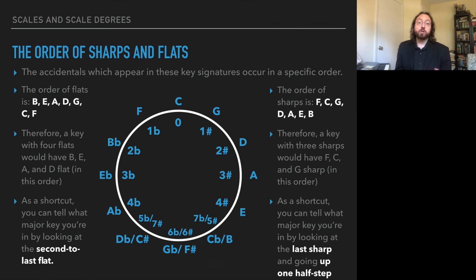And as a shortcut, you can tell what major key you're in by looking at the last sharp and going up a half step. That last sharp is indicative of the leading tone. So if I see a key signature of F, C, and G sharp, then I look at that last sharp, I say, G sharp, I go up a half step, I know that's the key of A. Or I can remember my circle of fifths clock, and remember that A has 3 sharps.